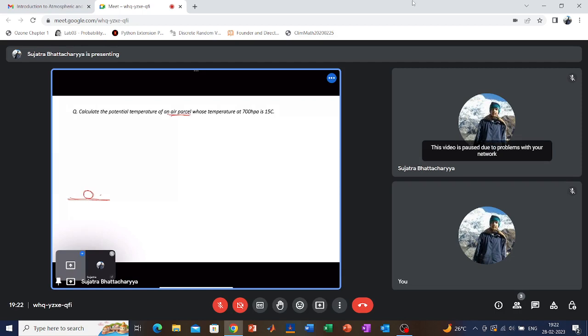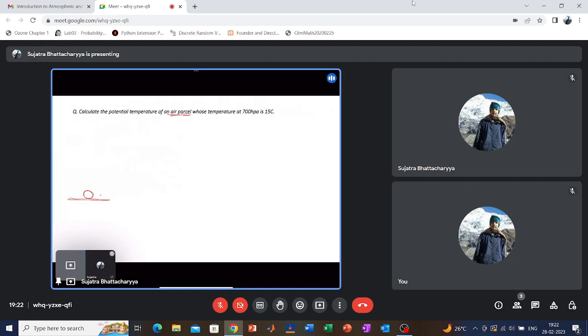Fine. And there are some points which you have to remember using this parcel theory: the environment is in hydrostatic approximation, that is dP is equal to minus rho g dz. You can apply that in the environment, not in the parcel. Okay. And at any level pressure should be the same.